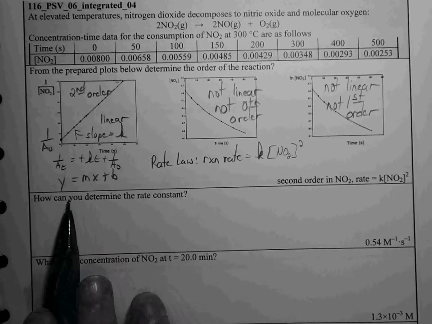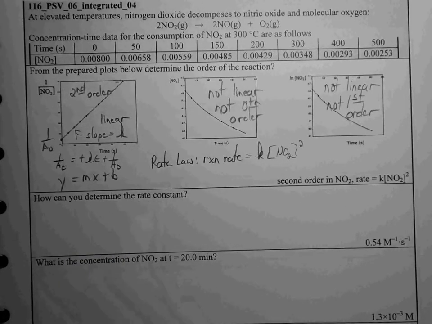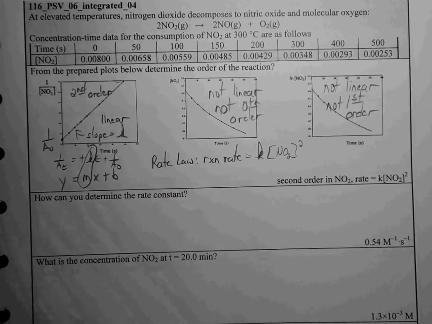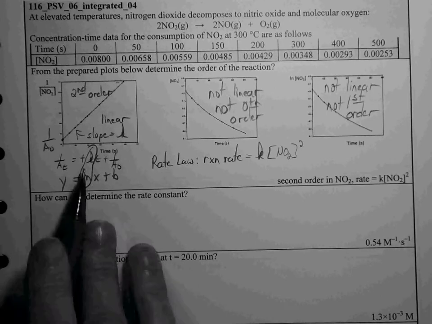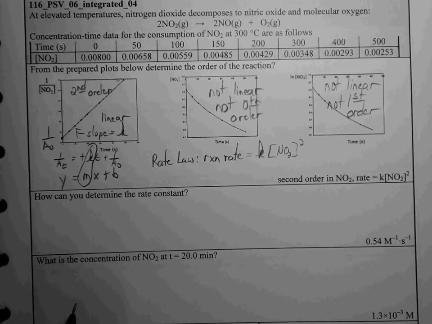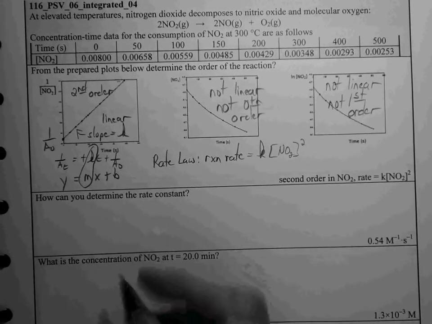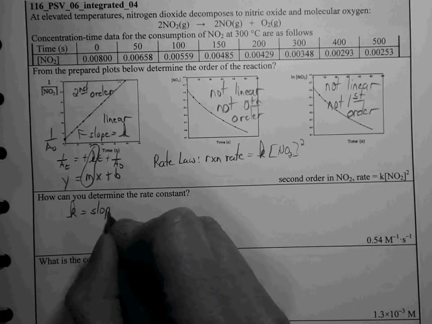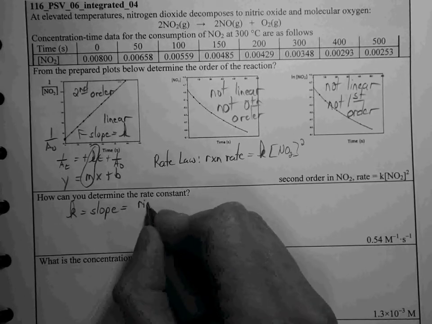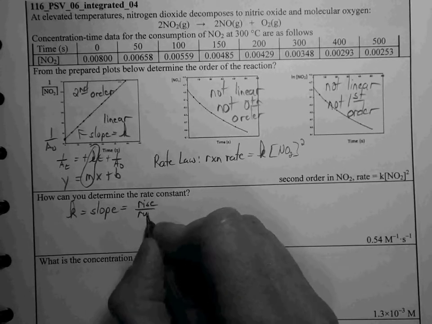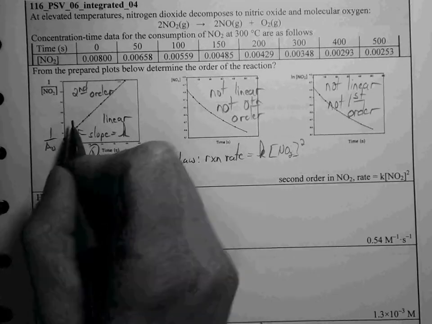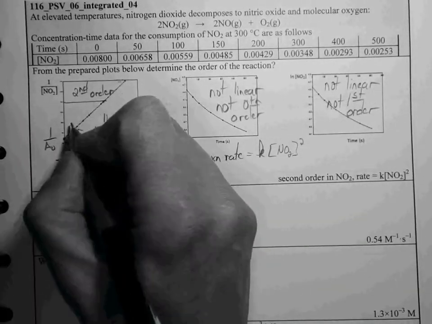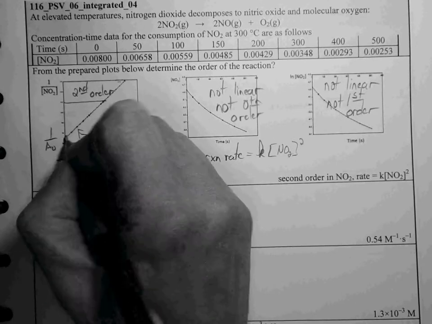Now the question becomes: how can you determine the rate constant? We've talked about that. When the equation is in the form of y equals mx plus b, m corresponds to our slope, which is k. So k is equal to the slope, our rise over our run. We could pick points on the curve corresponding to data points.